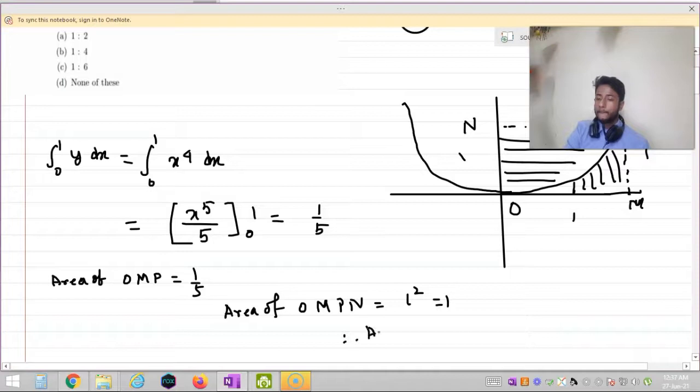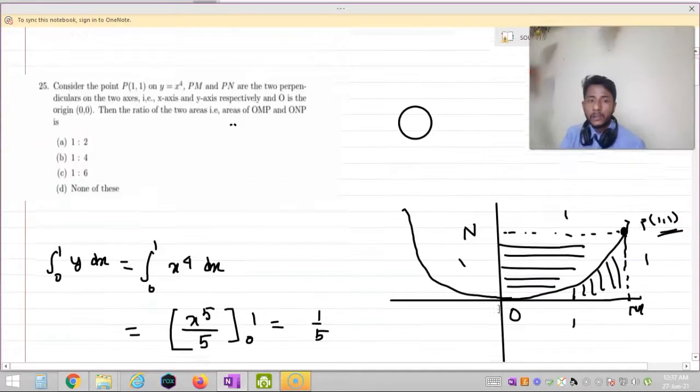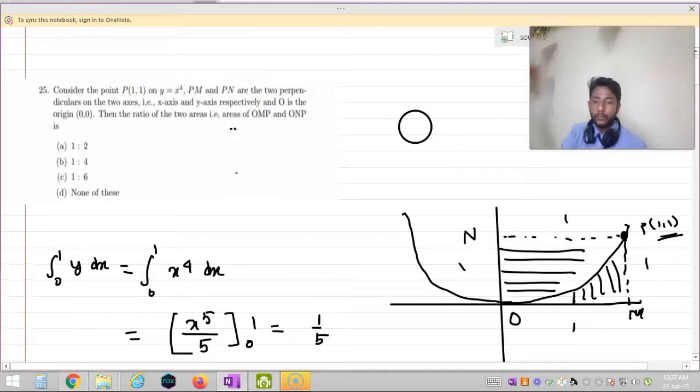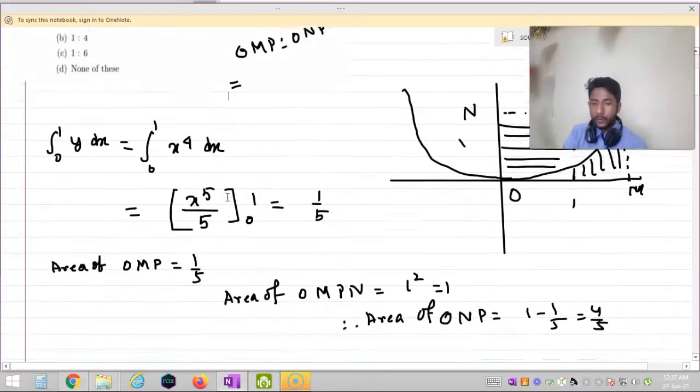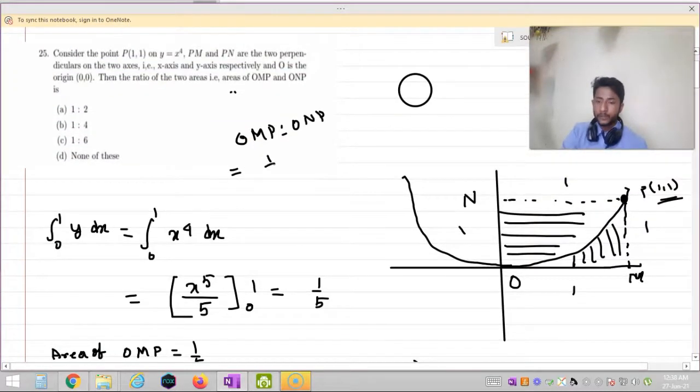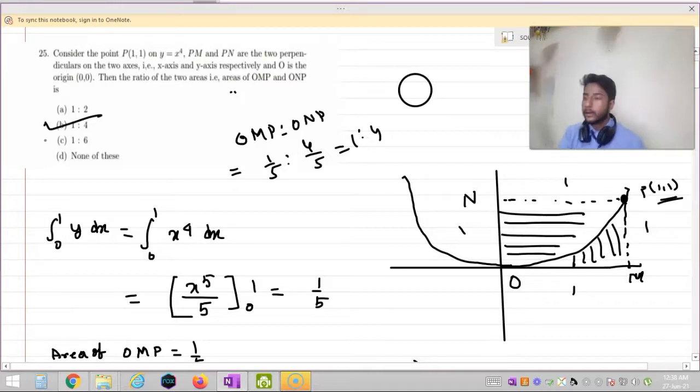Therefore, the area of ONP is equal to 1 minus 1 by 5, which is 4 by 5. Then the ratio of OMP to ONP is 1 by 5 is to 4 by 5, which is 1 is to 4. So option B is our correct option.